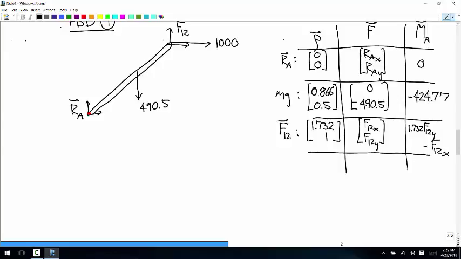And then the last one is that 1,000 Newton force. That has the same rho vector as F12, 1.7321. The force vector is 1,000, 0. And so the cross product is negative 1,000.